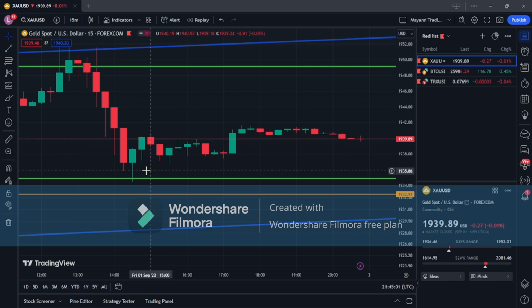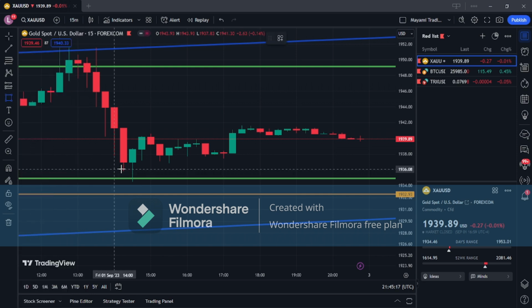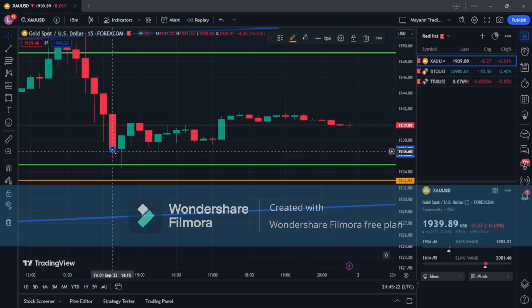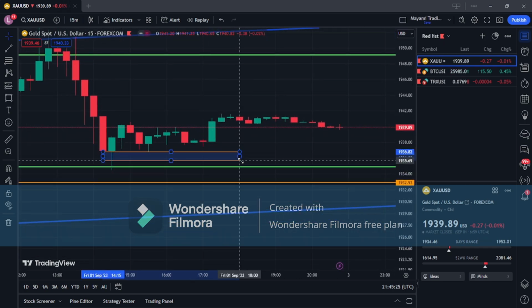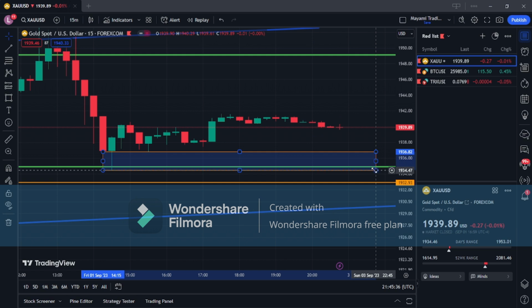So now, here's what you're going to do. Watch out. I now have a trigger for reversal. What would I do? What I would do is I come right here, get my rectangle, and I'm just going to draw the rectangle right on the wick that was created, just like this.